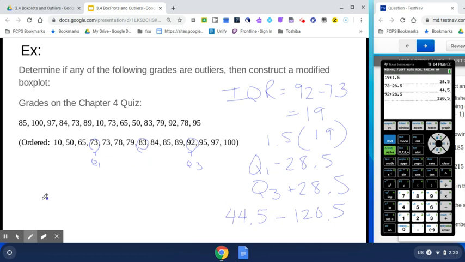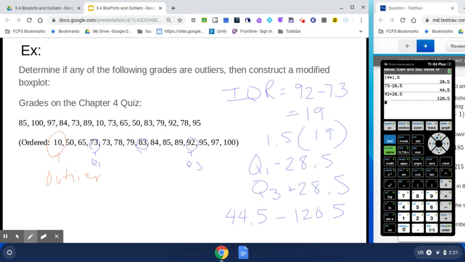Yes. 10 is outside of that range, so the 10 would be considered an outlier. Let's just double check on the upper half, or the upper numbers. 120.5, is there anything outside of that number? No, 100 is the maximum, and it is in the range of 44.5 to 120.5. So therefore, there are no large outliers, just the small outlier of 10.